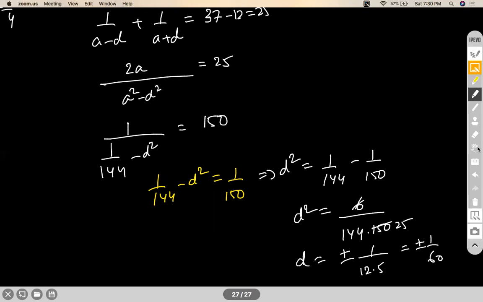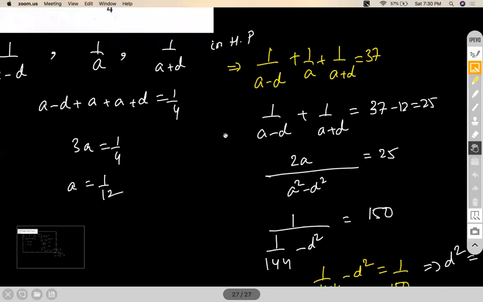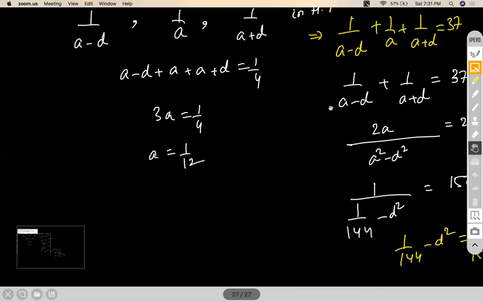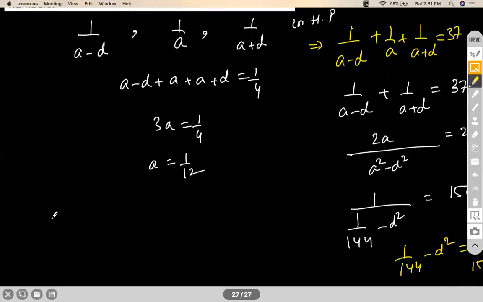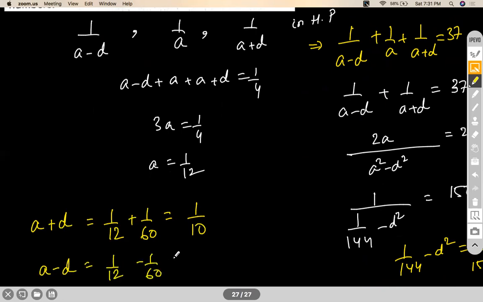Now, having got the value of D, you can easily figure out what your terms are. If you put A minus D, it will become 1/12 plus 1 by 60, that is nothing but 1 by 10. And if you do A plus D, it will give you 1/12 minus 1 by 60, and that is nothing but 1 by 15. Correct?